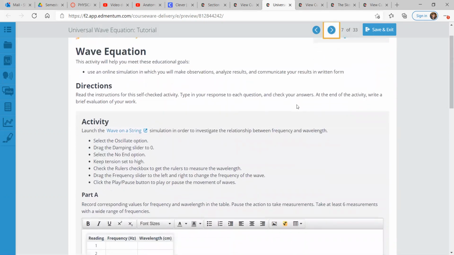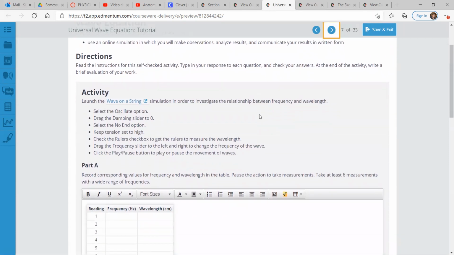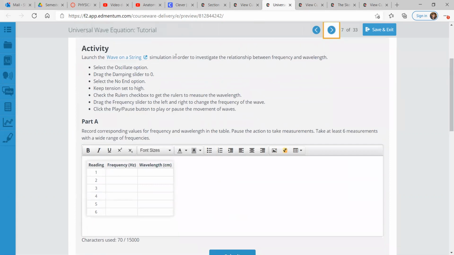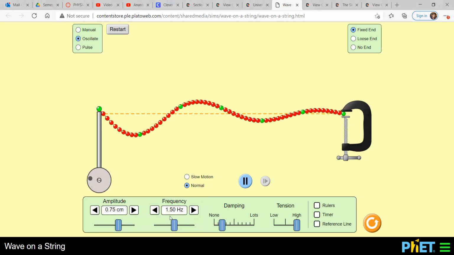So there's an activity called Wave on a String that you can use to simulate the relationship between frequency and wavelength. You can do that a bit right here. So this is a PhET interactive simulation. First step is to click oscillate.